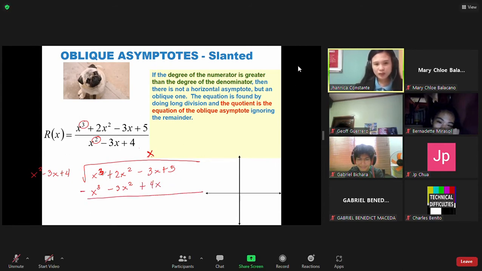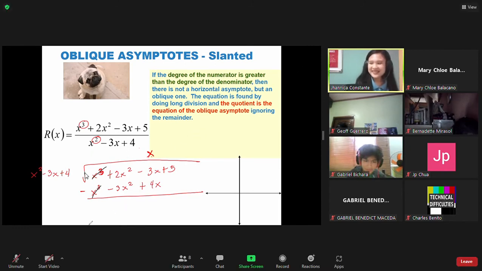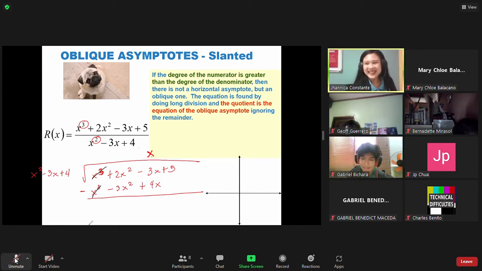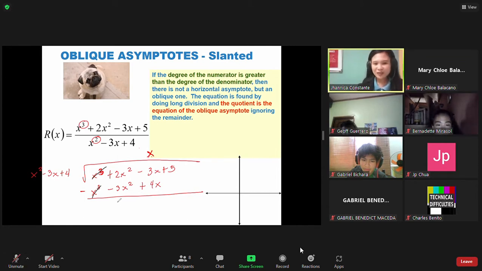Subtract. So we canceled x cubed. 2x squared minus negative 3x squared is equal to what? 2x squared minus negative 3x squared is 5x squared. We have 5x squared.